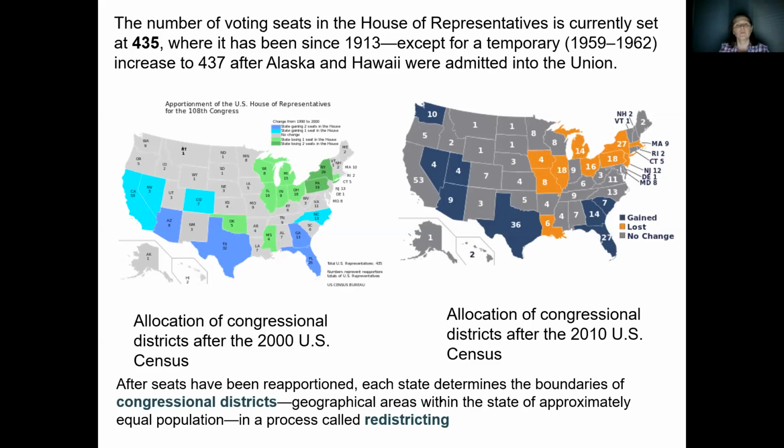You see on this picture how the allocation of congressional districts changed after the 2000 census and after the 2010 census. You see that Texas is growing very fast. It gained more than 2 seats. After the 2000 census, it was 32 seats, and it gained 4 seats again after the 2010 census.